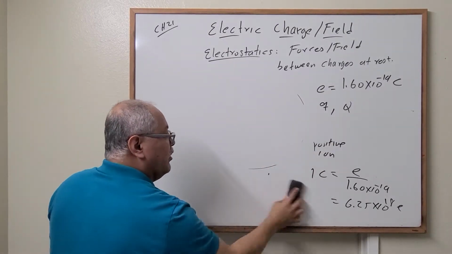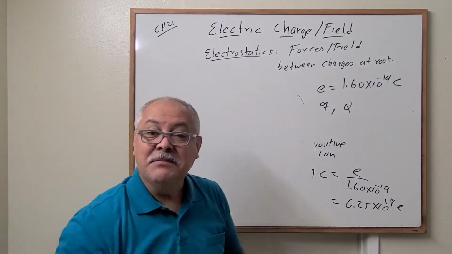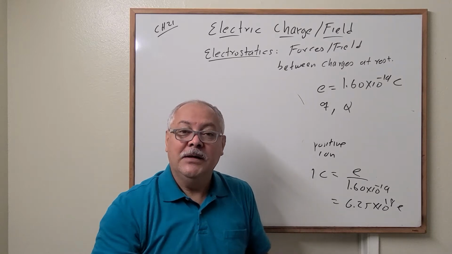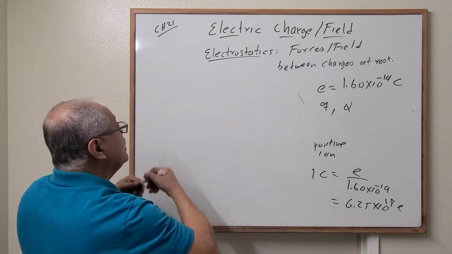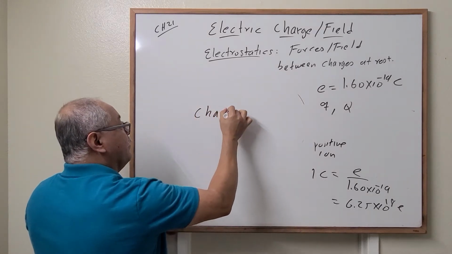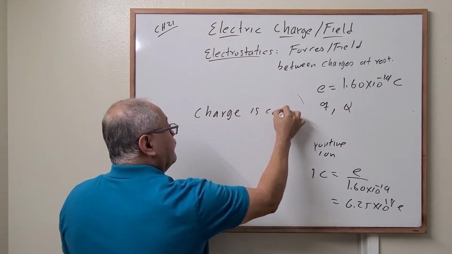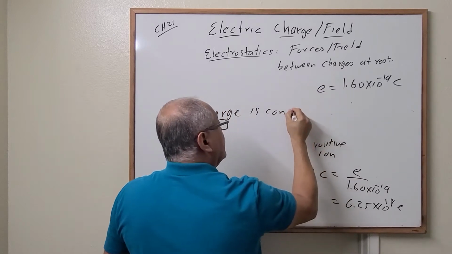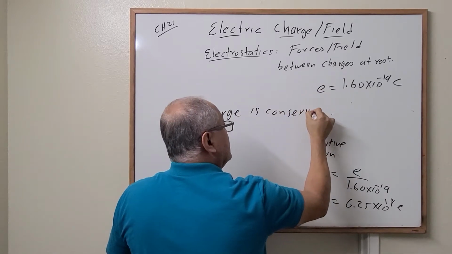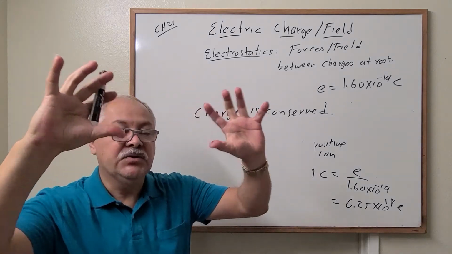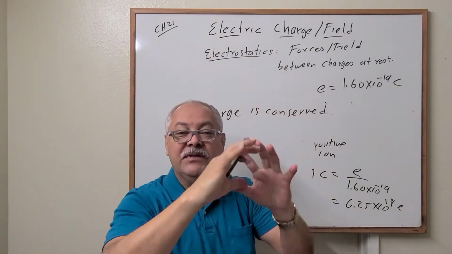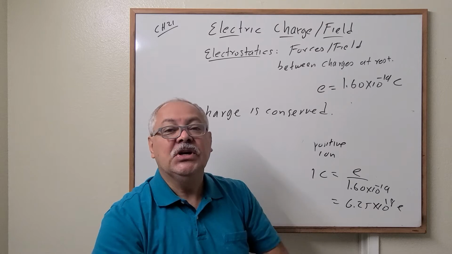Charge is a property of matter, the same as mass, and it's conserved, the same as mass. So charge is conserved when we're dealing with an isolated system. We have interactions, everything, but the total charge is constant.